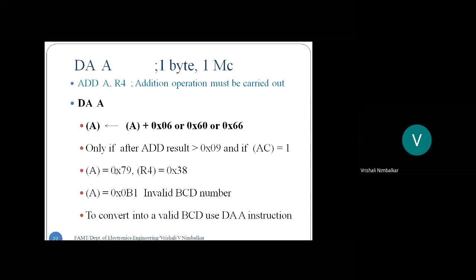So the microcontroller will perform 79 plus 38 and will give the answer in binary. I don't want that in binary because I know I have added BCD numbers. So I will convert this into BCD by writing DAA. Right? Hope you all are getting it, students. Right? This should come to your mind: 79 was a decimal number. Why did we write hex?